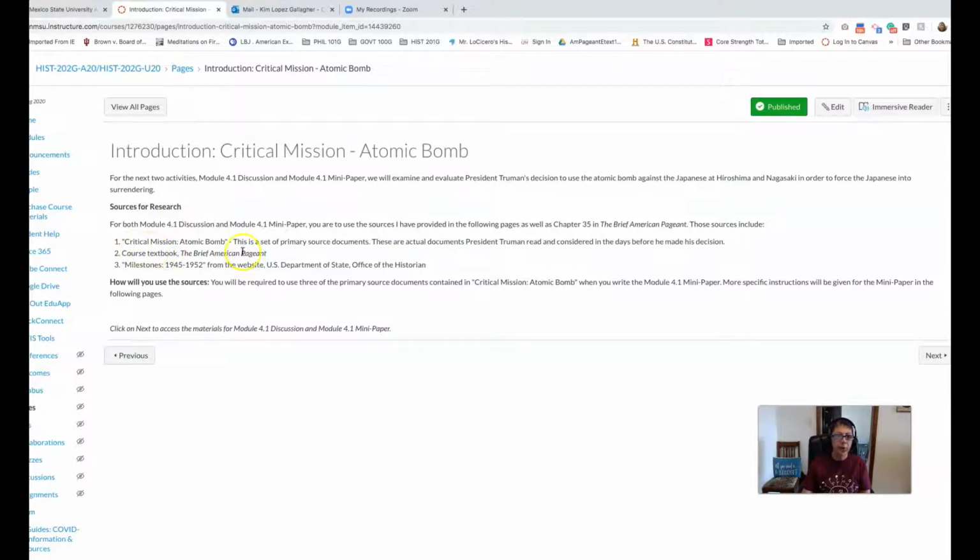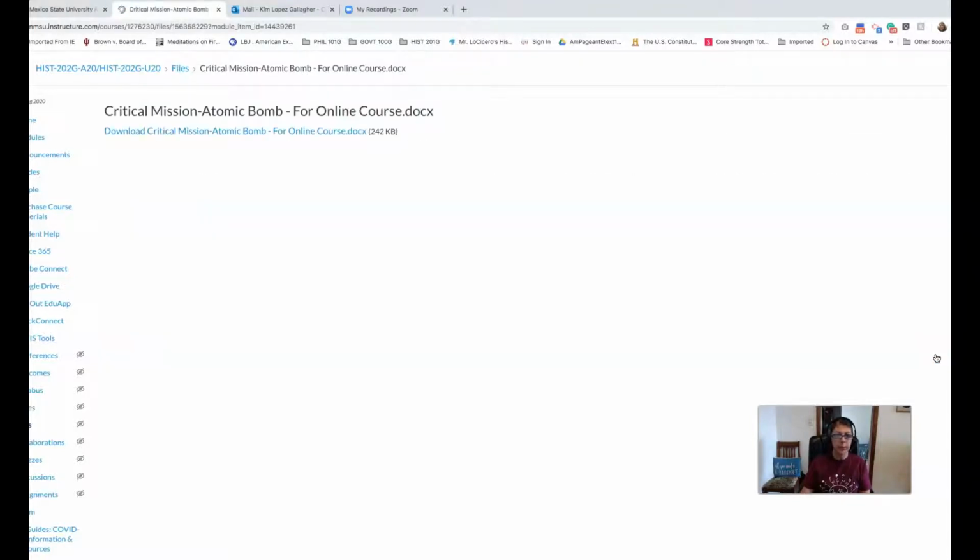There is also a set of primary source documents that you're required to incorporate into your paper. I've also provided an overview website called Milestones, which gives you more background information about this time period. I would like you to use all of these sources to help you formulate your arguments in your paper.